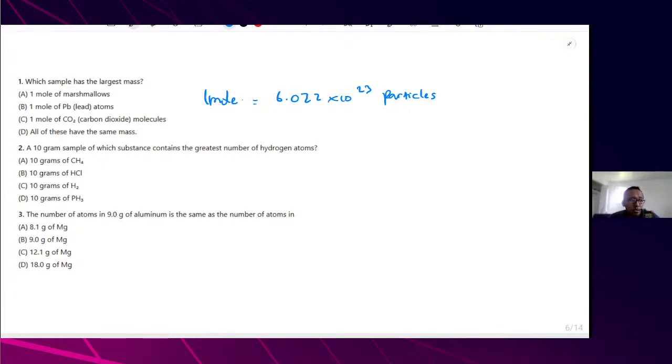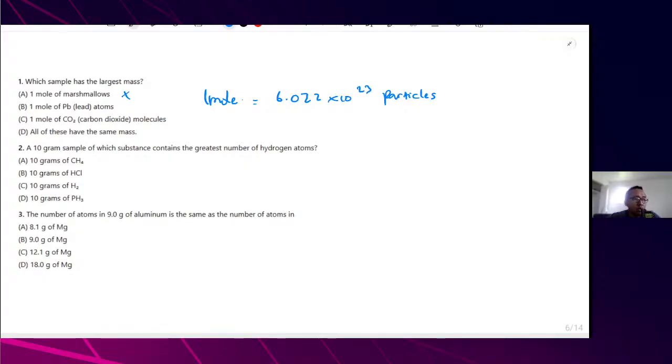Marshmallow is not a real chemical substance, but it will weigh a lot less. Pb is 207 grams per mole, and CO2 is 44.01.